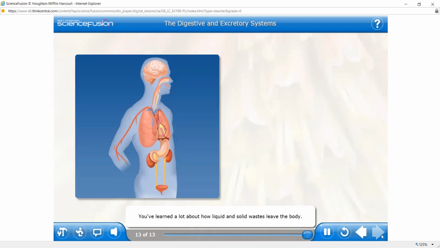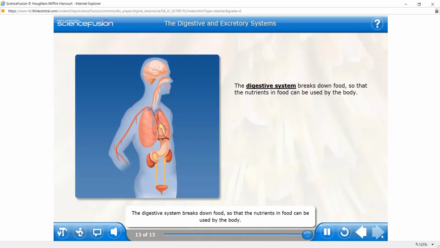You've learned a lot about how liquid and solid wastes leave the body. Before we finish, let's take a quick look at the main points you covered. The digestive system breaks down food so that the nutrients in food can be used by the body. The digestive system works with other systems to obtain and use energy from food.